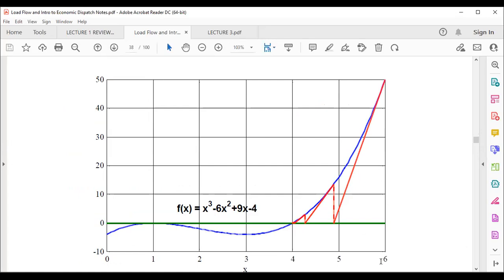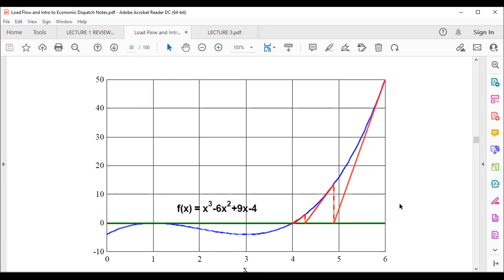With the initial guess of 6, what Newton Raphson does, it jumps to the equation and draws a tangent to the line at the point of intersect with 6 and gets the next guess. And this process is repeated until we have the answer.